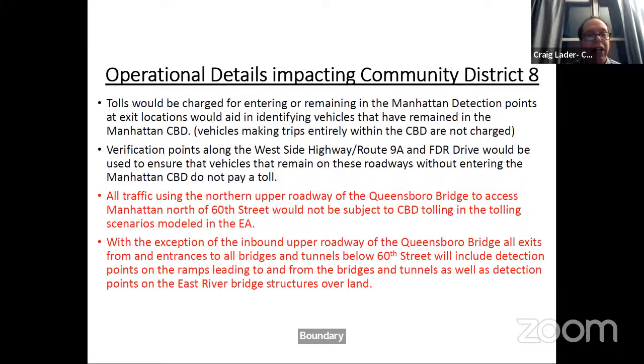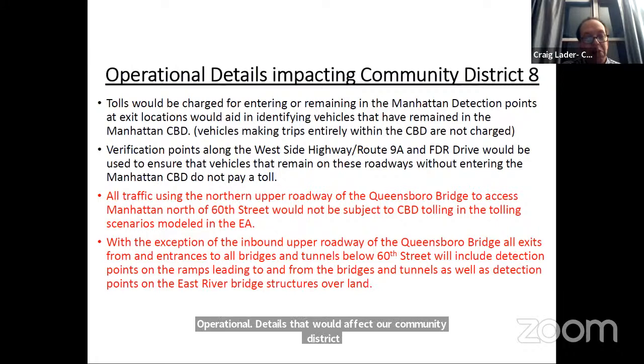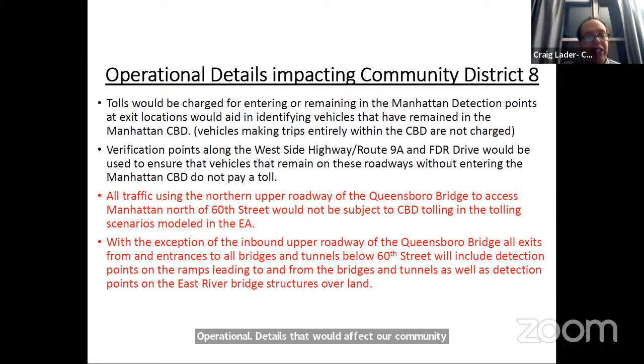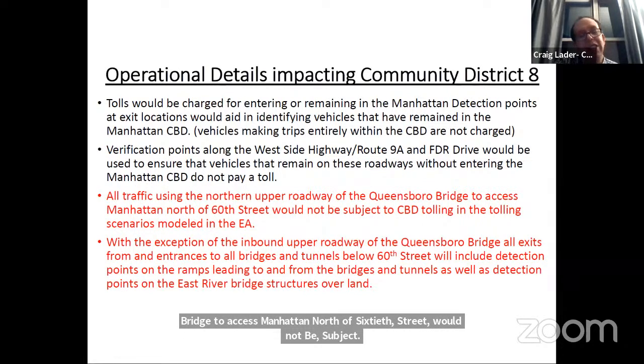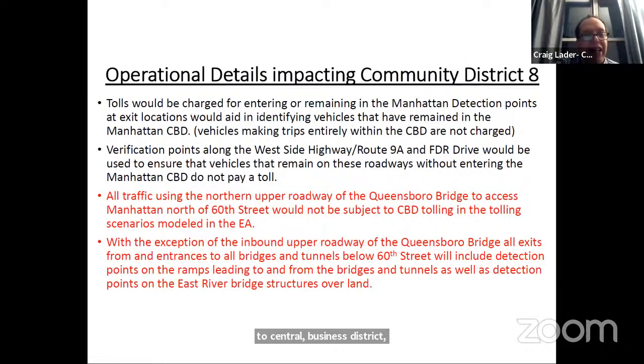So in terms of operational details that would affect our community district, one of the things that stuck out most to me was that it clearly states that all traffic using the northern upper roadway of the Queensboro Bridge to access Manhattan north of 60th Street would not be subject to central business district tolling, at least based on the modeling they used to prepare the environmental assessment.